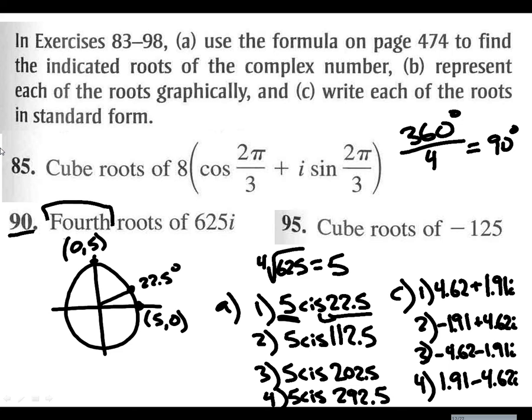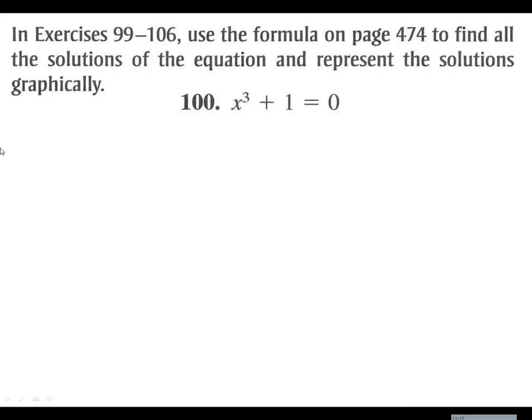We're going to go out at 112.5 degrees. We're going to go out at 202.5 degrees. And lastly, we're going to end up at 292.5 degrees. So that's graphically what we're looking at. 4 answers.